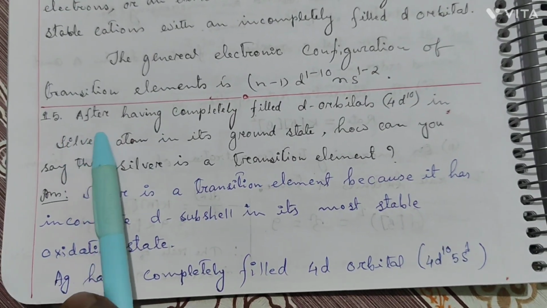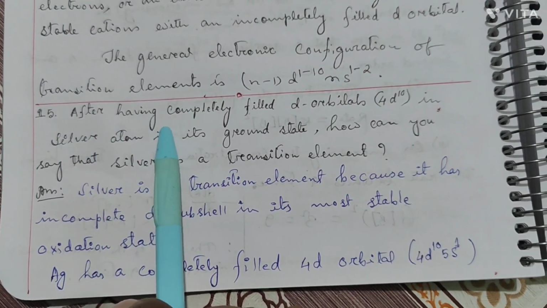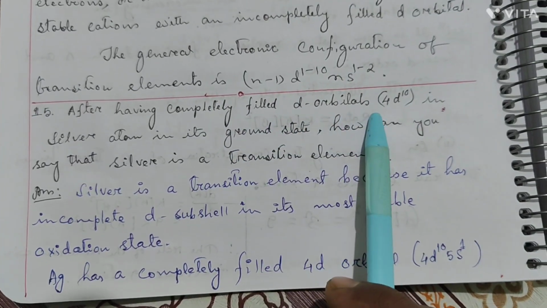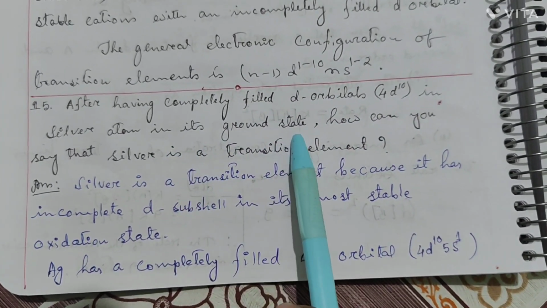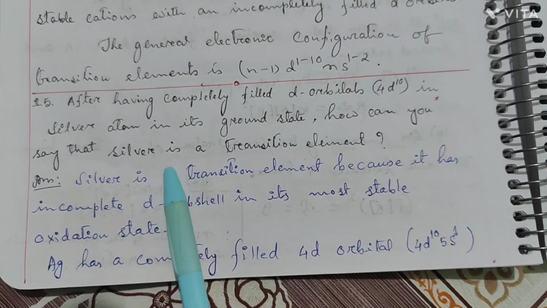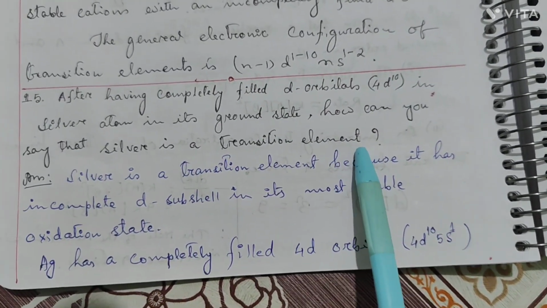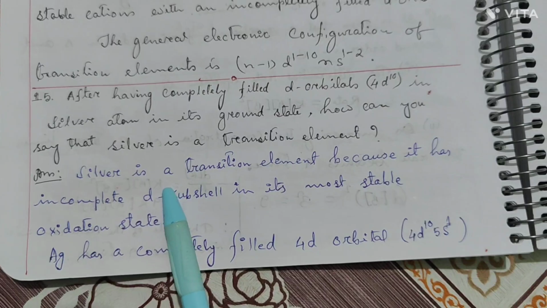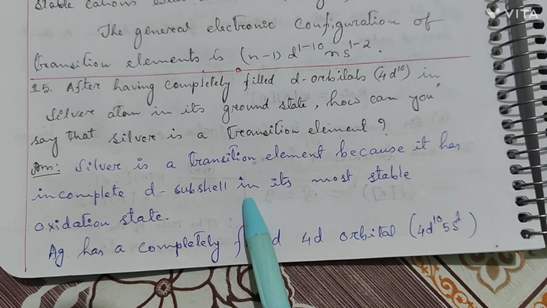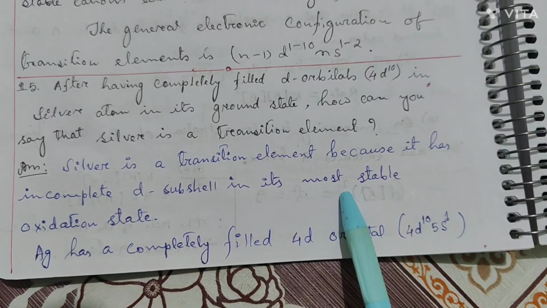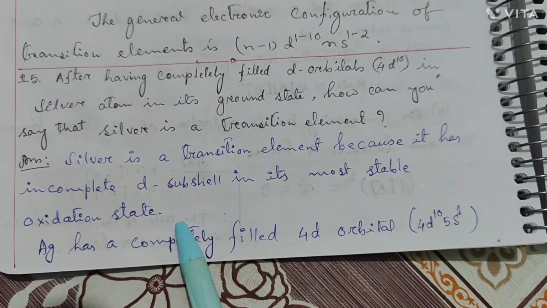Next, come to question number 15. After having a completely filled d orbital, 4d10 configuration, in silver atom in its ground state, how can you say that silver is a transition element? This is the answer. Silver is a transition element because it has an incomplete d subshell in its most stable oxidation state.